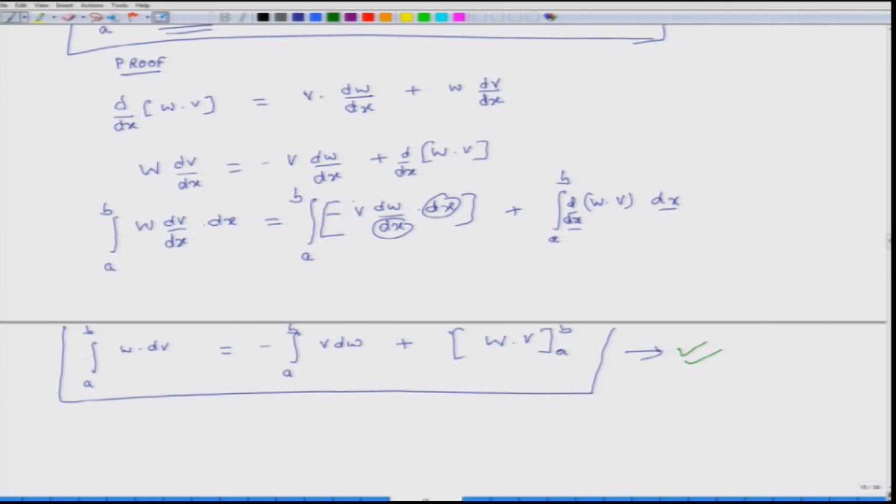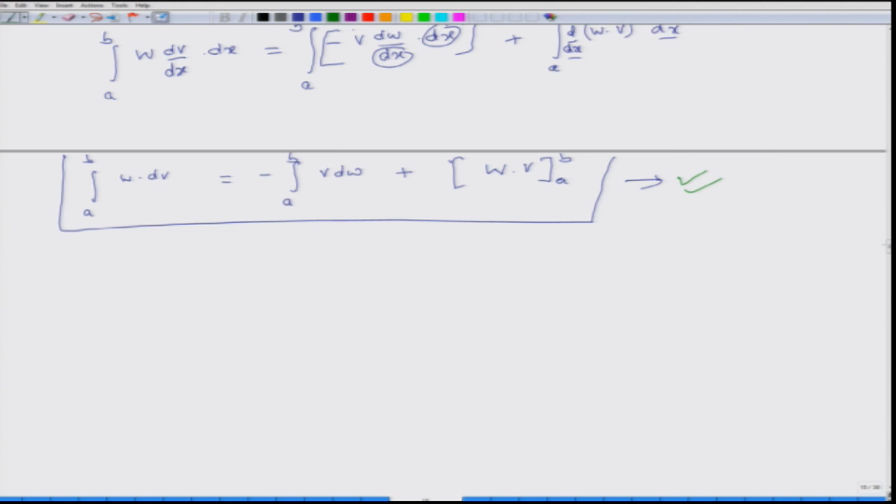Now, this is a very important equation from the standpoint of the finite element method, and we will see its impact today itself. What it does is that it transfers the differentiability. Here v has been differentiated, that differentiability has been transferred to w. And then of course, we have the boundary terms.